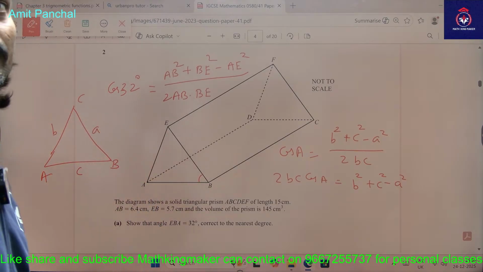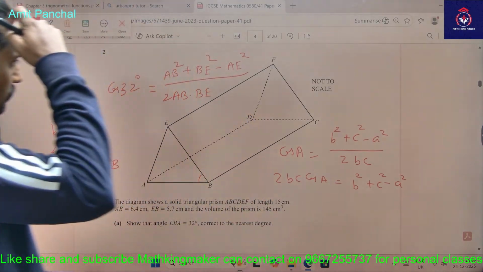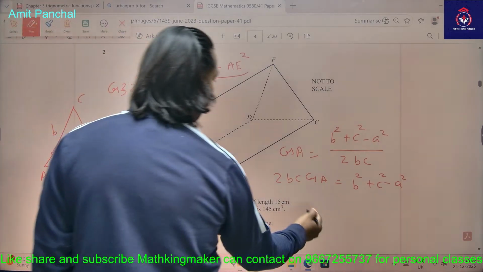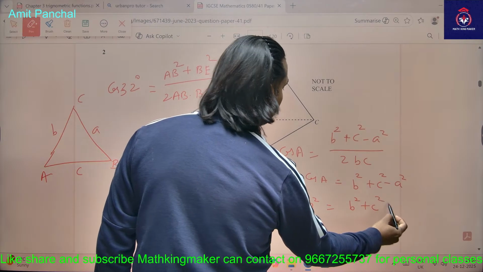Both things are same. It's written a square is equal to b square plus c square minus 2bc cos A. That's what's given to us, and it may be written also like this. It is just a simplification.